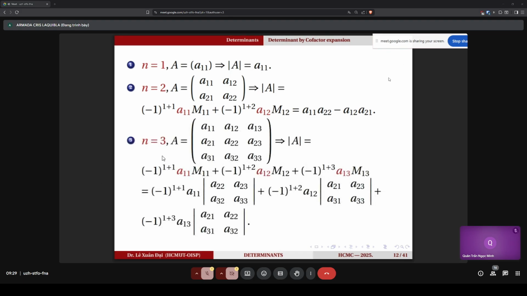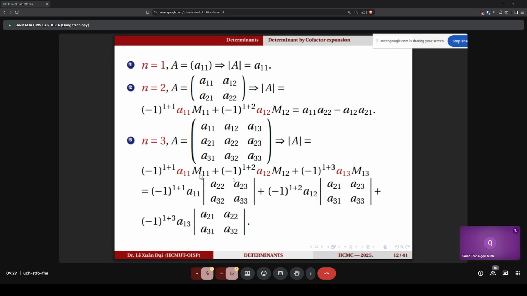Next, when n is equal to 3, this is the formula again, using summation. Pick the first row. You have your A11 times M11, A12 times M12, and A13 times M13. And look at the negative 1 exponents: first 1 plus 1, second 1 plus 2, then last is 1 plus 3.